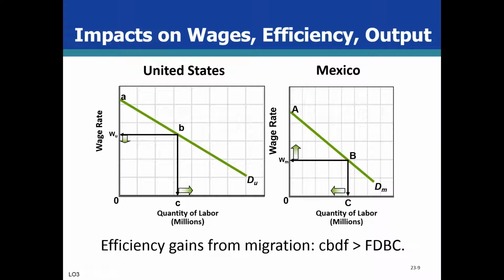Okay? Immigration from Mexico increases the output in the United States to F, moving on the left here from C to F. By adding more labor, we increase the output to F, and we lower the wage to WE.